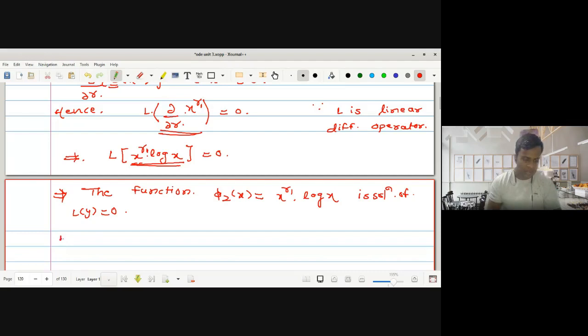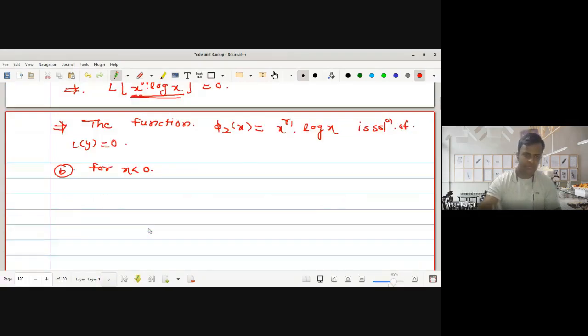In part B, for x less than 0. What happens if suppose x is less than 0? Then we have minus x greater than 0.